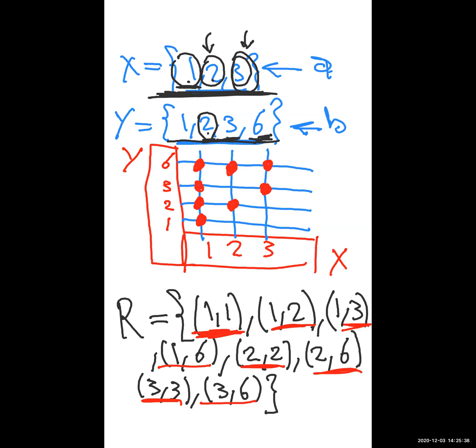The next point will be about the function. Actually, guys, a relation from x to y is said to be a function if there are some conditions: each element of the set x appears only once as a first projection in one of the ordered pairs of the relation.